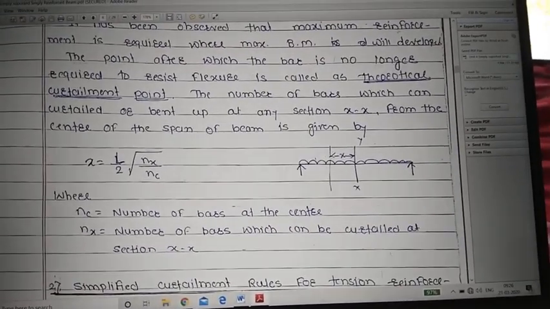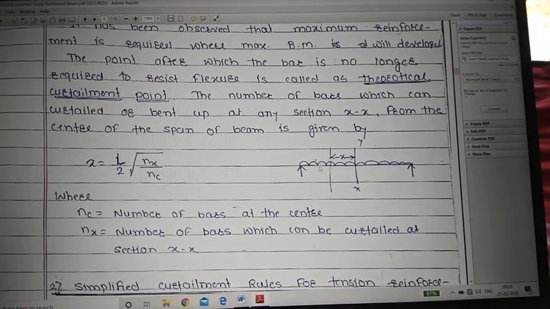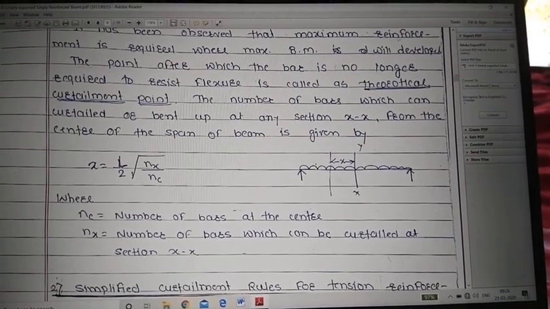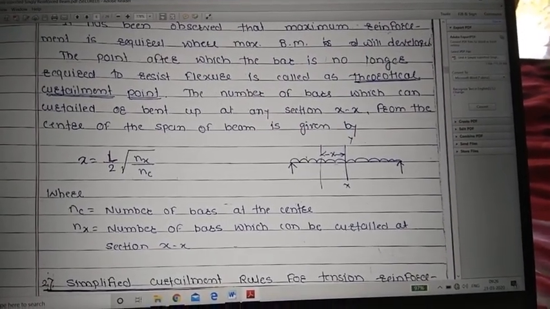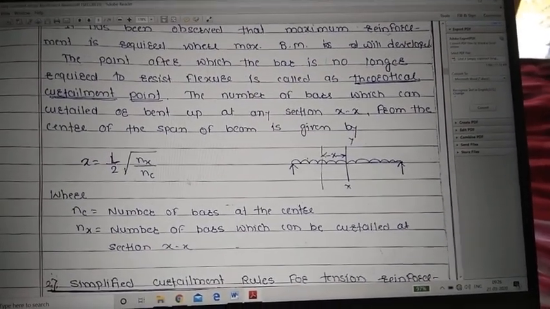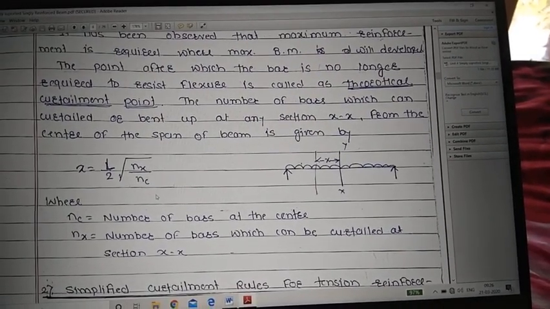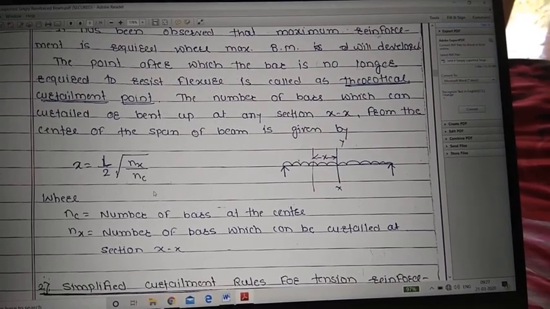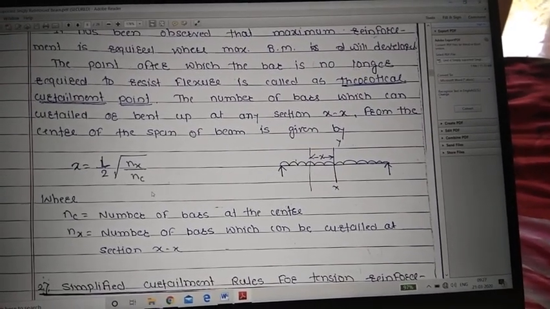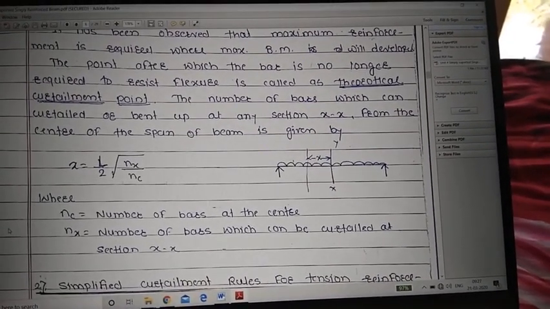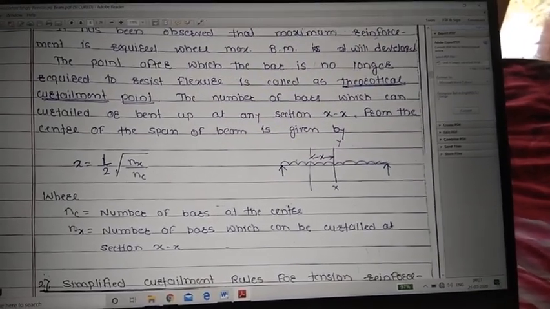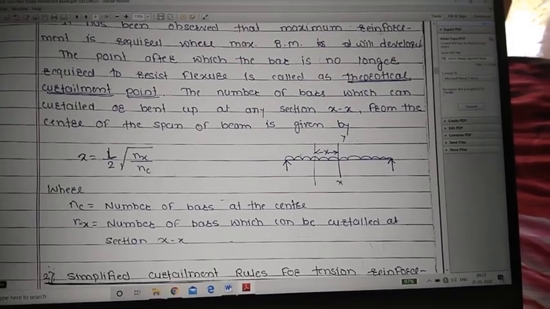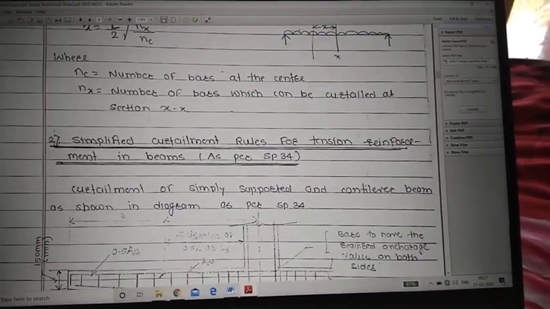One formula is given in the book, that is if we consider one axis, x-axis, and x is the distance from the central axis of the beam, that is L by 2 under root nx by nc, where nc is the number of bars at the center and nx is the number of bars which can be curtailed at section xx. Means in that case you should consider how many bars you want to curtail, and according to that you have to calculate the distance of the curtailment from the center of the beam.